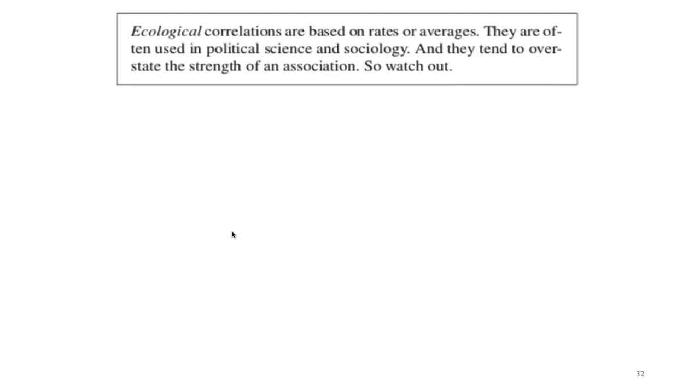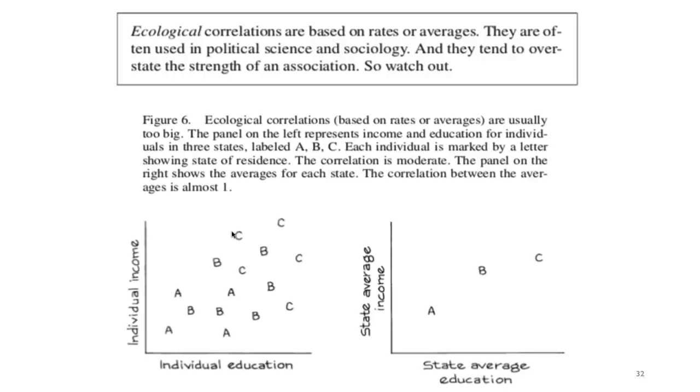This is called ecological correlation, when we look at correlation based on averages or rates rather than on individual data points. These are often used in political science and sociology, and they tend to overstate the strength of the association. So you have to be careful of that.